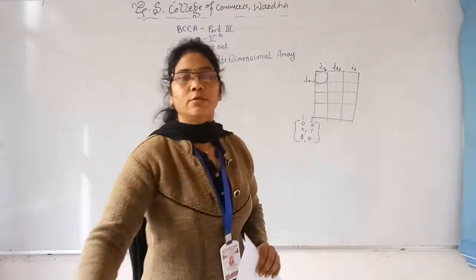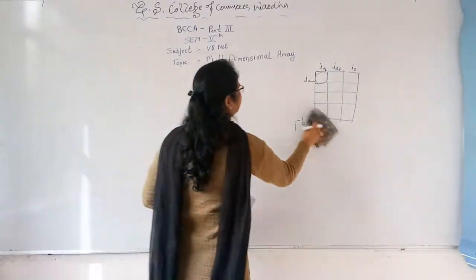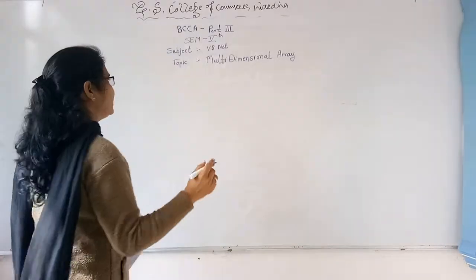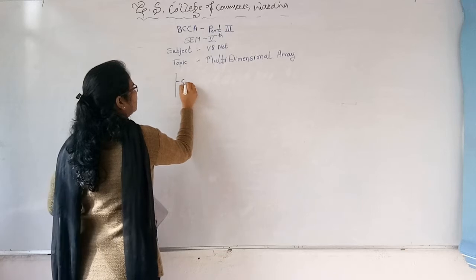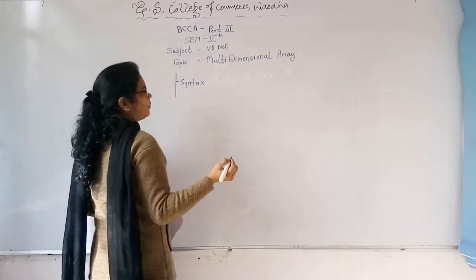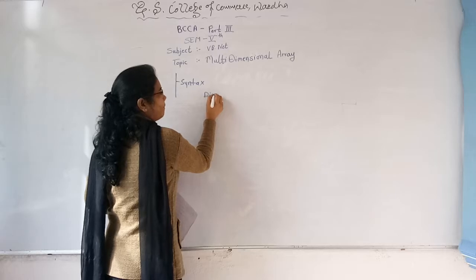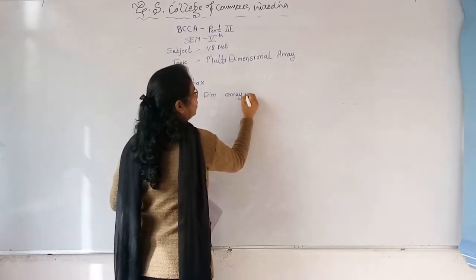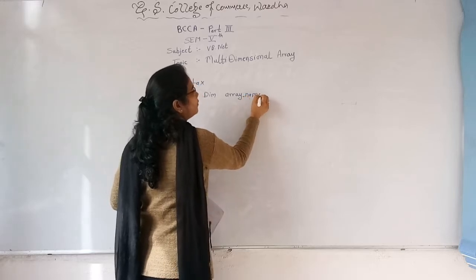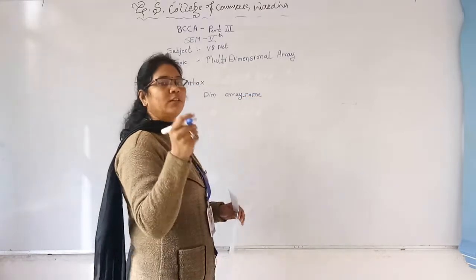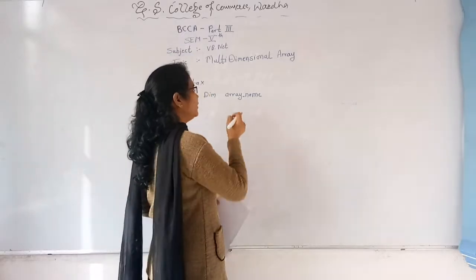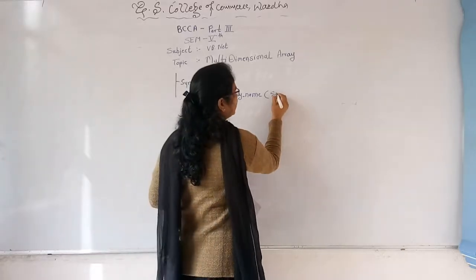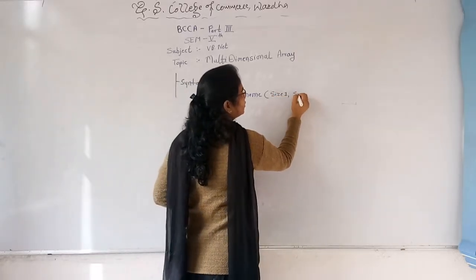The basic syntax for a two-dimensional array is: Dim, that is nothing but dimension, then the array name, which is any valid name following the rules for declaring a variable, then the dimension, that means size 1 and size 2.